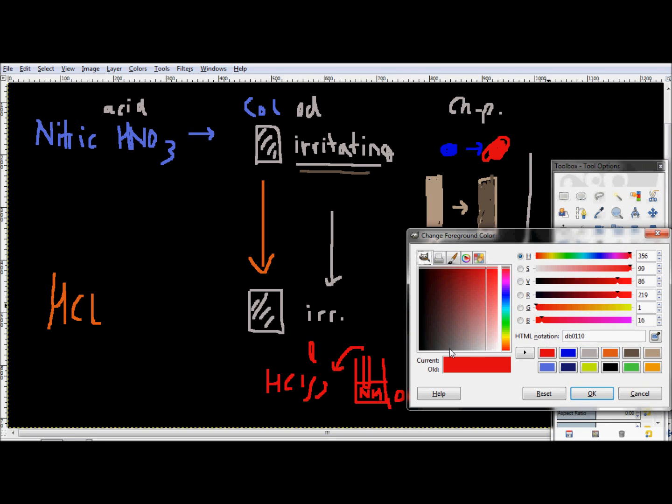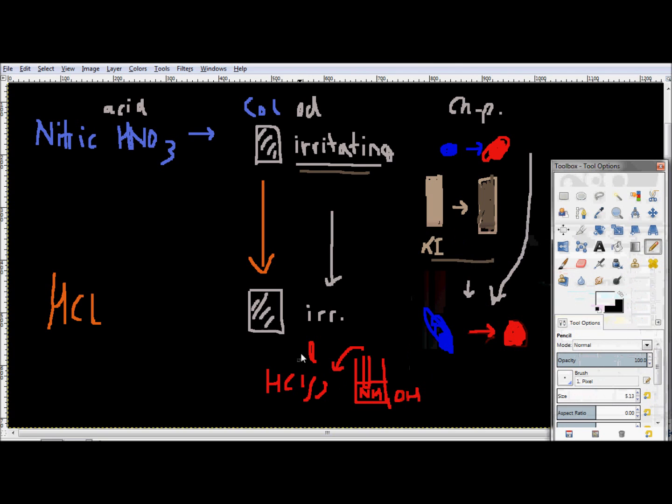I'm just gonna do it in white, so you'll see white fumes coming out like this. The reason for that I'm gonna give you now.